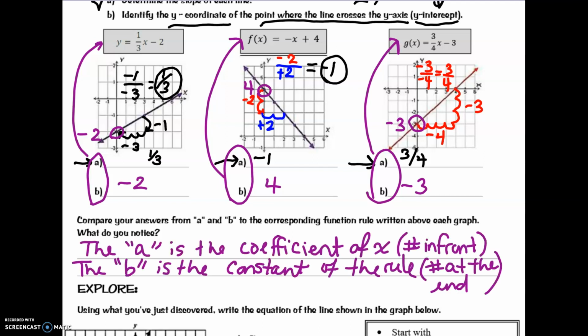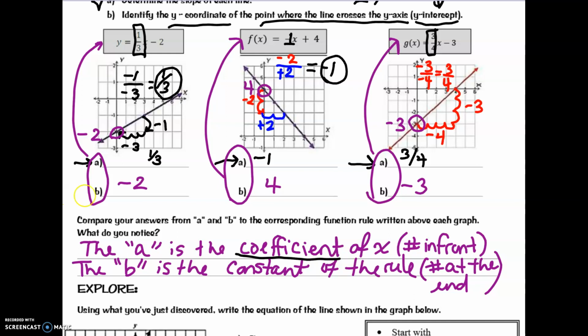You should notice that the value of A for each line is the number in your rule that is multiplied by x. So here you see that 1/3 is multiplied by x. Here this is like an imaginary -1. And here there is a 3/4. So it's the number in front of x, which is called our coefficient.